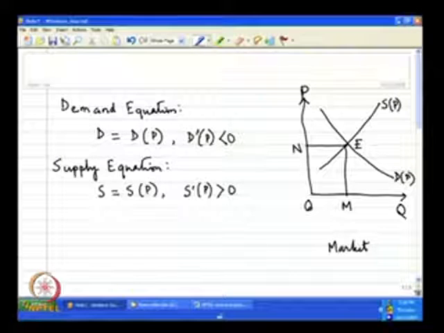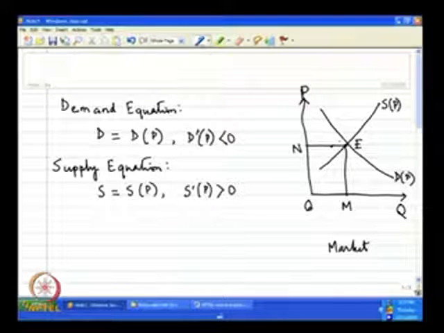So at any price, suppose ON is the price, at ON price a certain amount of good was being supplied before. Now suppose the supply is less, suppose it is N dashed. So it was N before, now it is N dashed when more export has taken place.